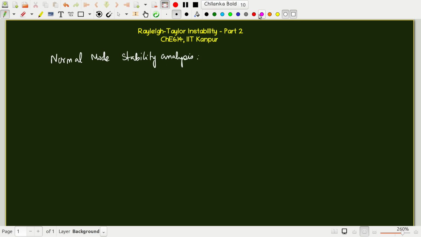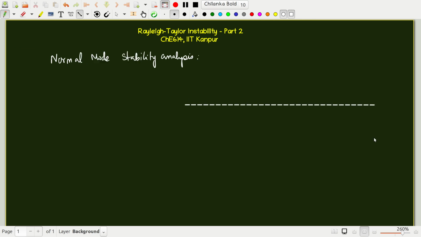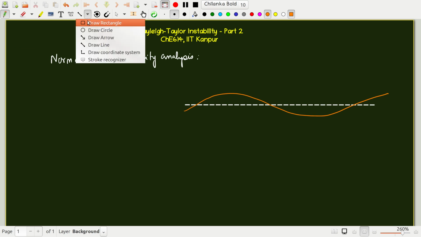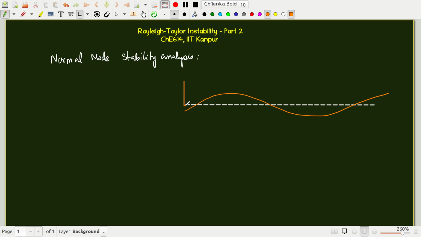The configuration that we are interested in is as follows. You have an unperturbed interface, which I show using dotted lines, and you have a perturbed interface, which I show like this. And you have a coordinate system, xy, Cartesian coordinate system.